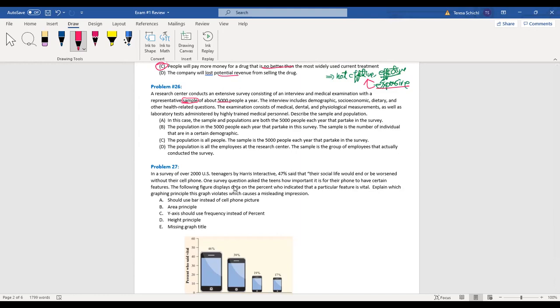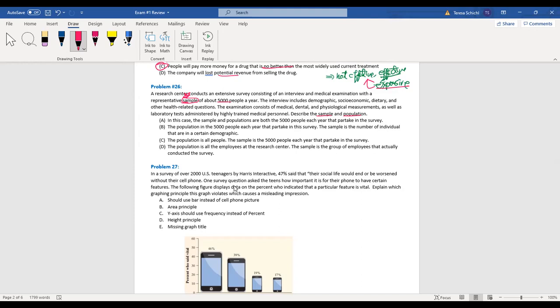The interview includes demographic, socioeconomic, dietary, and other health-related questions. The examination consists of medical, dental, and physiological measurements, as well as laboratory tests. So describe the sample and the population here. We already see these keywords.